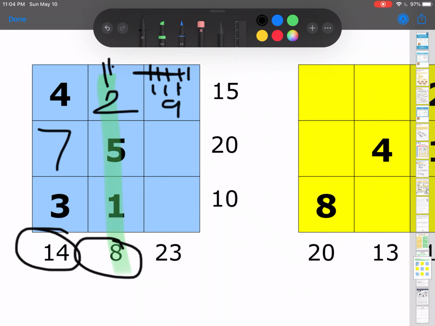I put 9 in this box. 7 plus 5, that is 12, 13, 14, 15, 16, 17, 18. Oops.